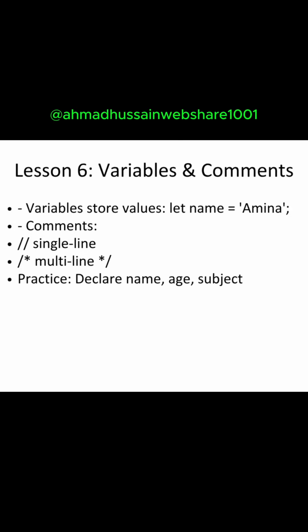The second function of JavaScript is the date, and we use toLocaleTimeString. For example, document.getElementById time.innerHTML equals new Date toLocaleTimeString, and when we press the button it will show us the current time. We will also see that in our example at the end of the course.